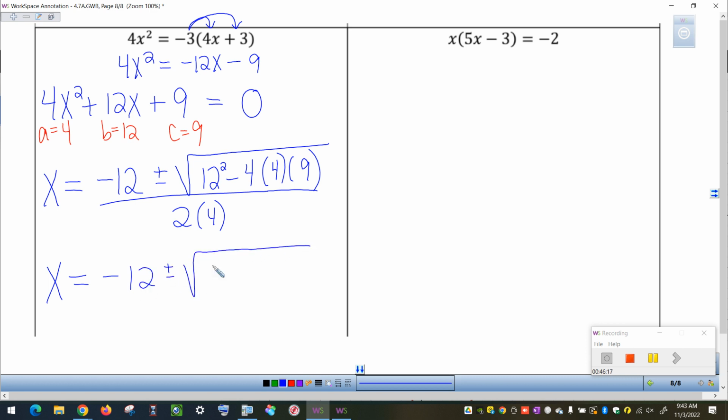Now 12 squared is 144. I'm going to bring down the minus sign. 4 times 4 is 16. And 16 times 9 is also 144.